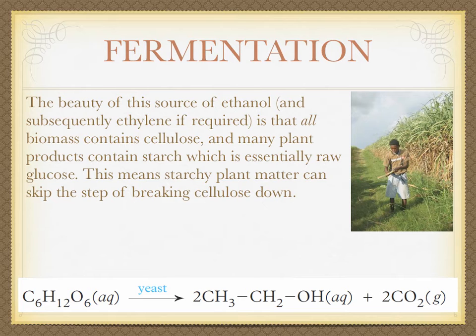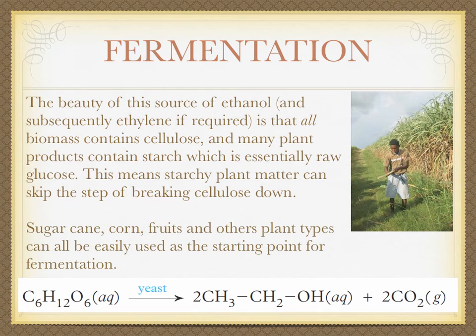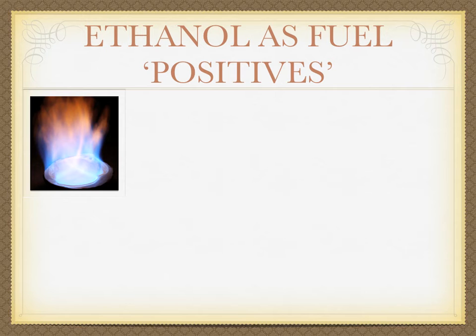For example, cornstarch, which is used in Brazil as the starting point for ethanol, enables the Brazilians to skip the step of breaking apart cellulose, which is costly and time consuming, and they can simply form a solution of cornstarch in the presence of yeast, which will then go and ferment. Sugarcane, fruits and other plant types also provide really good starting points for fermentation due to the readily available sugars and glucose in their structure.